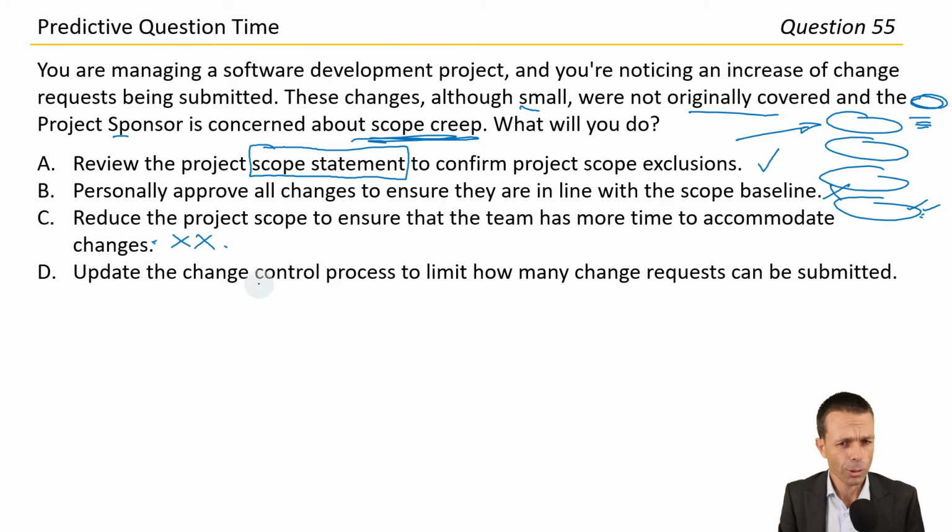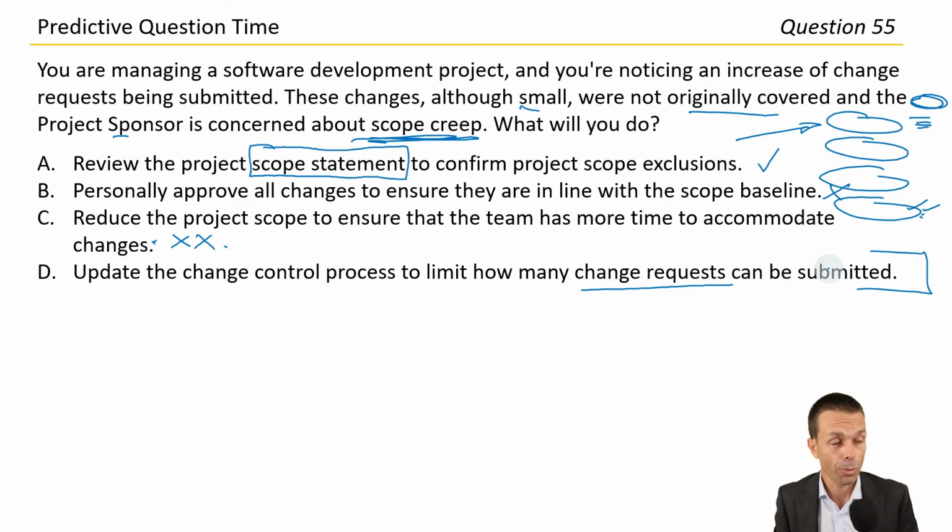Update the change control process to limit how many change requests can be submitted. Oh, that's tricky. So yes, change control process, but we should already have a change control process in place. We just need to abide by that. We don't actually change that process unless we're, oh gosh, that's a bit tricky actually.